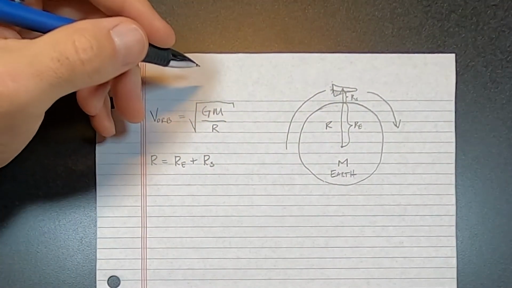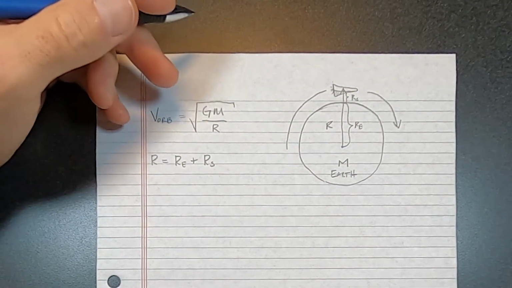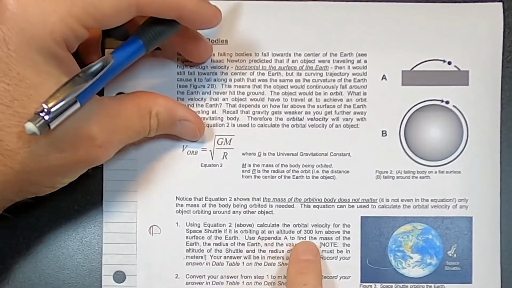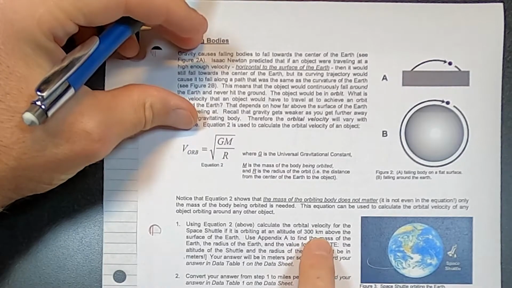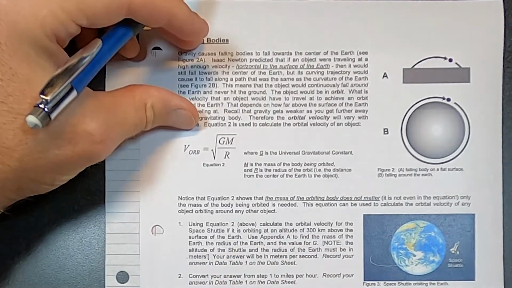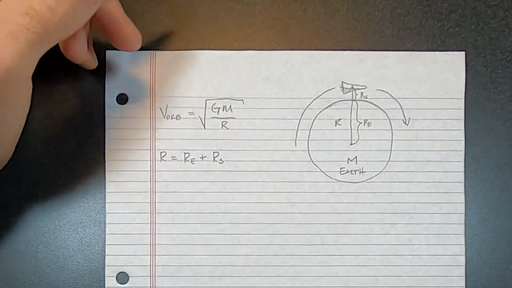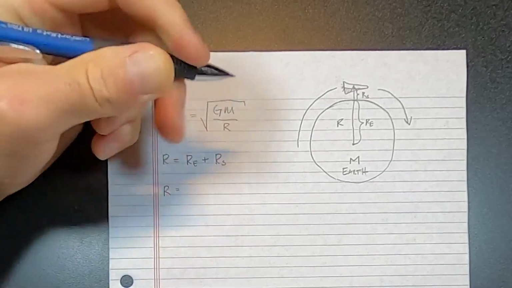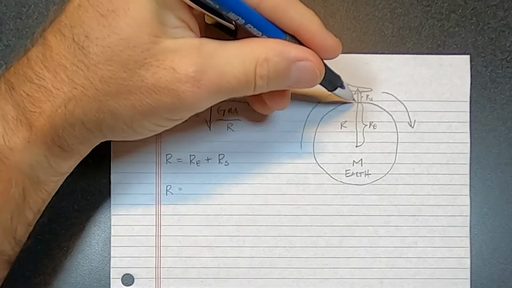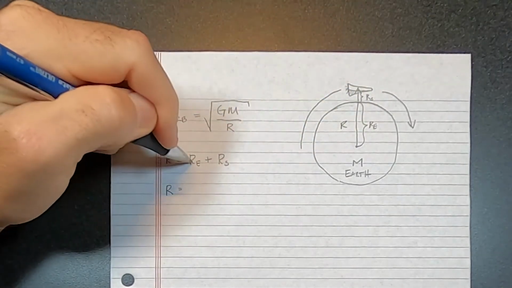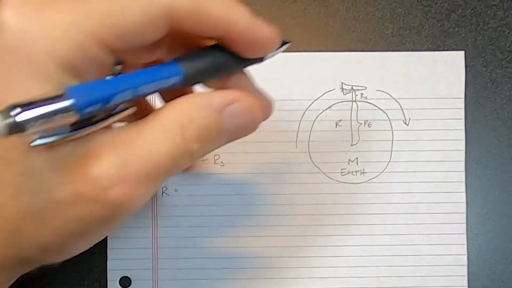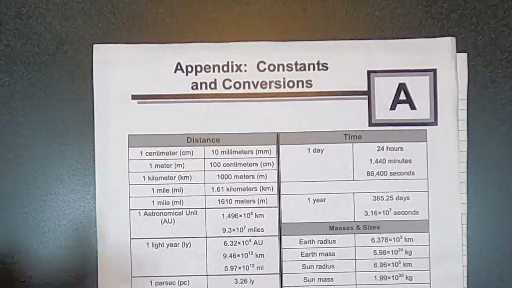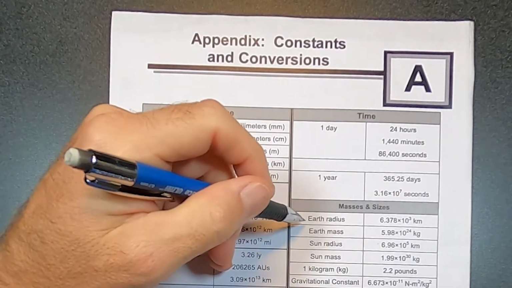Now, in the exercise, if you read the instructions, we tell you that the space shuttle is orbiting at an altitude of 300 kilometers above the surface of the Earth. So what we know is that RS is 300 kilometers. RE is the radius of the Earth, and remember that you find that using your appendix.